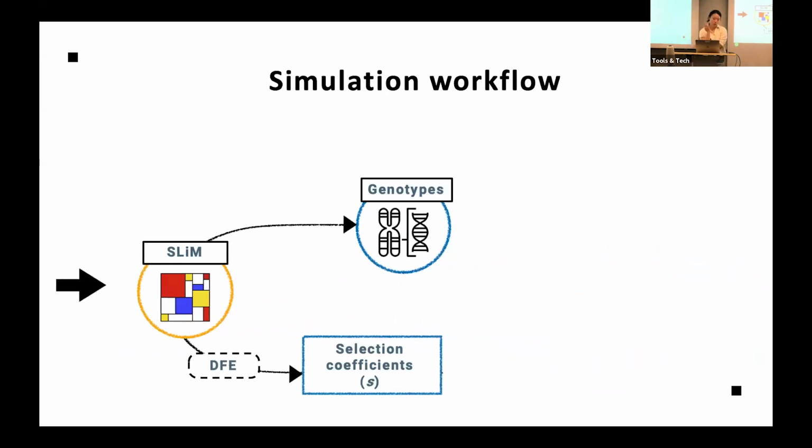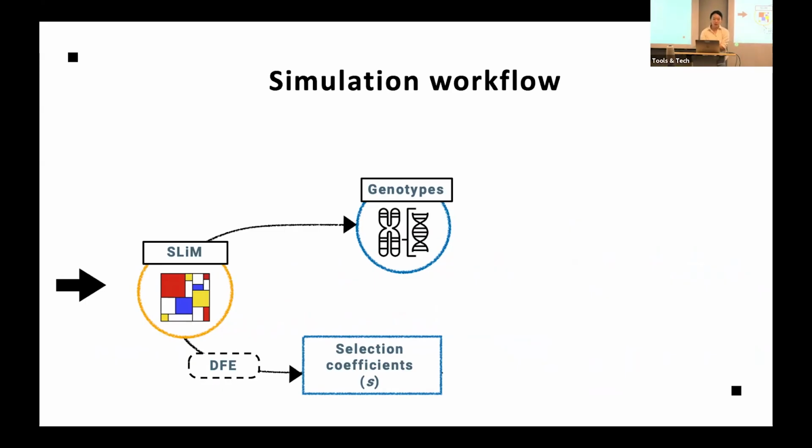Okay, so with our parameters, we can then run SLiM for thousands of generations, and in practice that only takes, I would say, about an hour or two, depending on how many samples you're trying to create in the simulation.